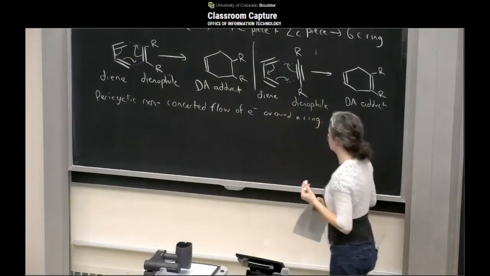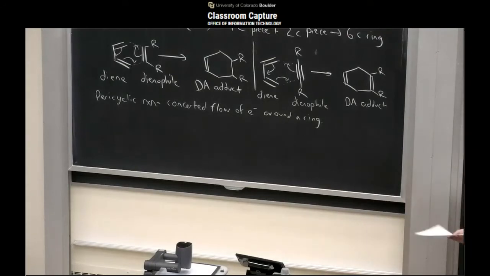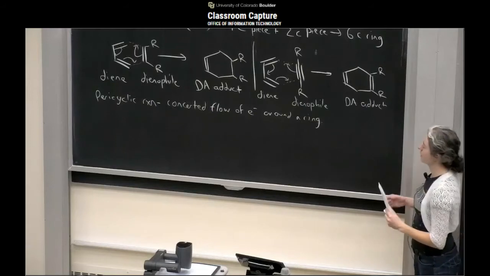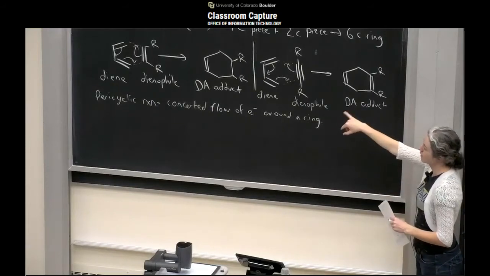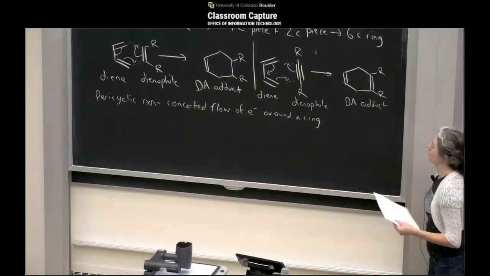Turns out there's a ton of other reactions in this category that the book doesn't get into until like, I think 28 or 29, and we don't actually get that far during the semester. But there's actually a ton of really useful things you can do with these just because you're making new rings for a lot of them.